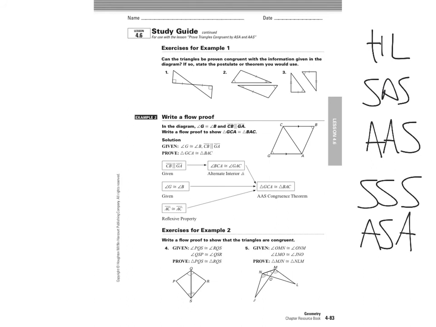So up at the top, it's going to say, for questions 1 through whatever, use one of these to prove the triangles congruent. So they're listed there, so you don't have to remember which one is a valid acronym and which one's not. And then it's also going to say to identify the congruent triangles and give the congruency statement.